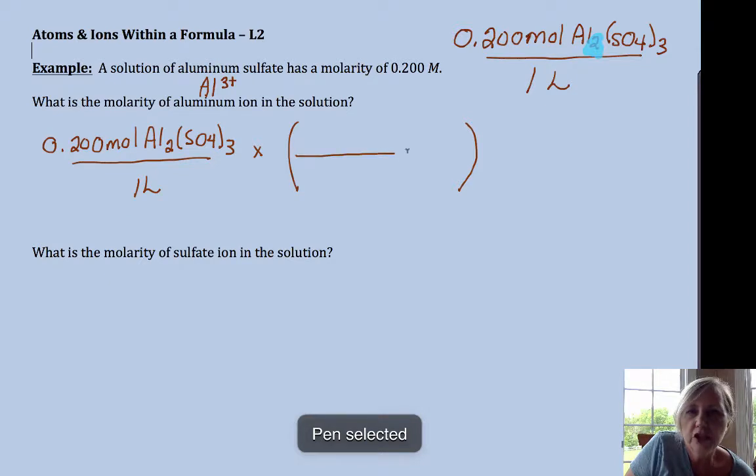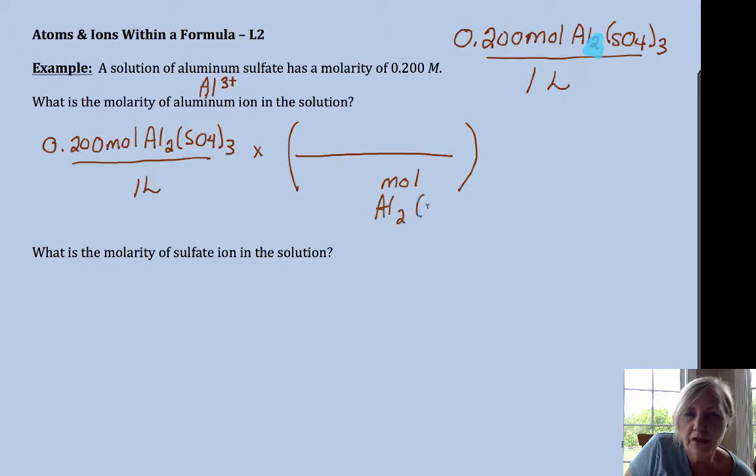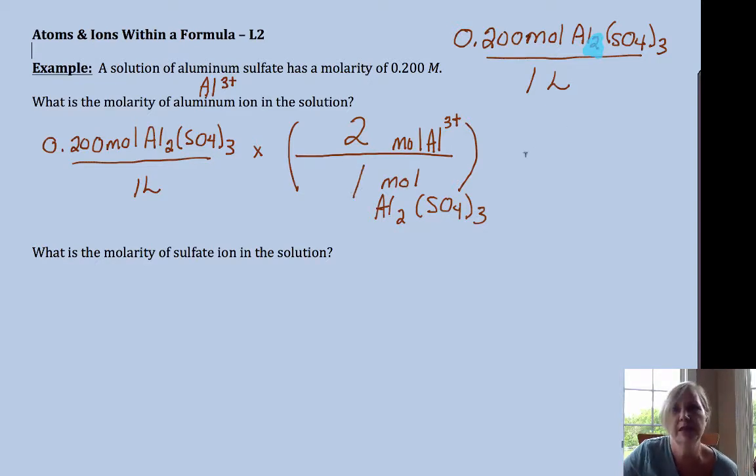So we want to eliminate moles of aluminum sulfate, and we want moles of just that cation, that aluminum cation. And that subscript tells me there's 2 moles of aluminum ion for every 1 mole of aluminum sulfate.